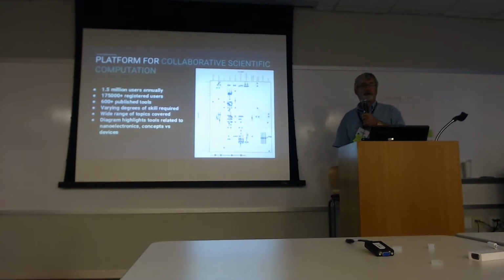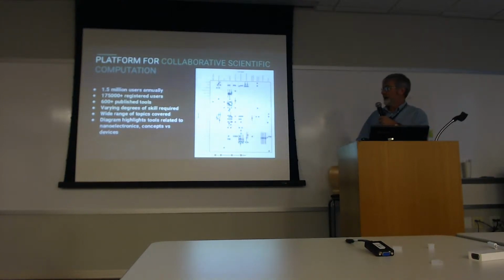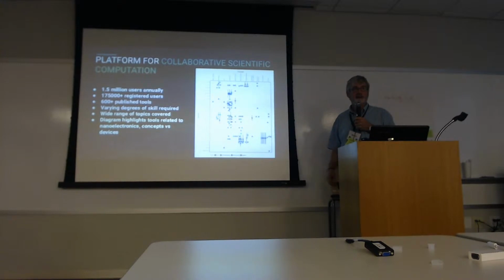You can browse the other content of the web page without telling us who you are or much about you. We have a little bit more than 600 different tools, what NanoHub calls a tool, published. These are contributed by the nanotechnology community. They're not written by the same people who do the infrastructure and the website.